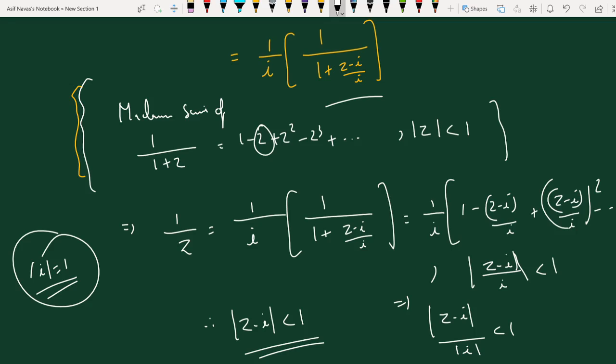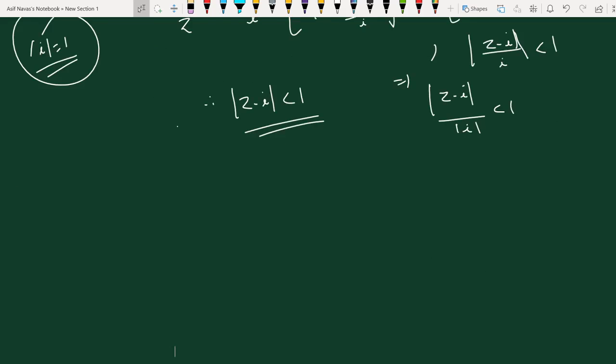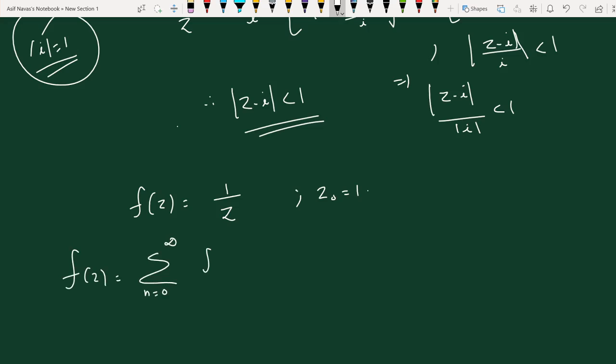So one method is you can use this trick. The other way is we can use the formula. For finding f of z equal to 1 by z, with z naught equal to I, we can use the formula f of z is equal to the sum n equal to 0 to infinity of f nth derivative at z naught divided by n factorial times z minus z naught to the power n.